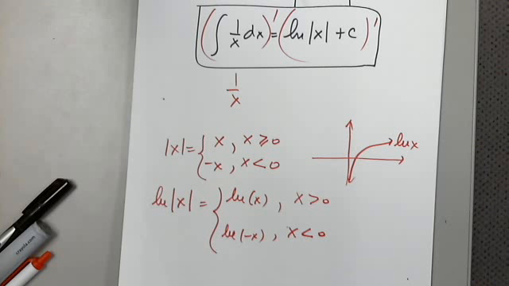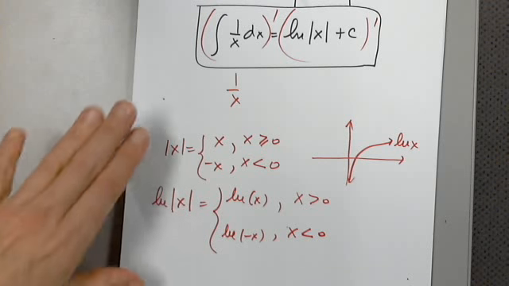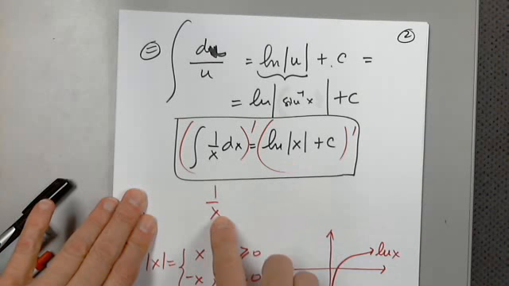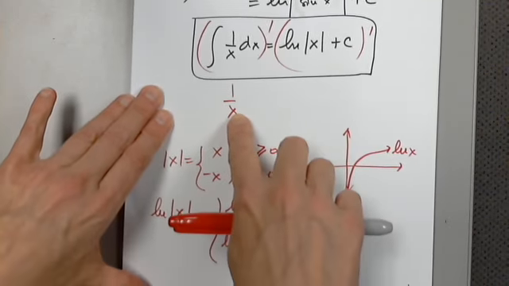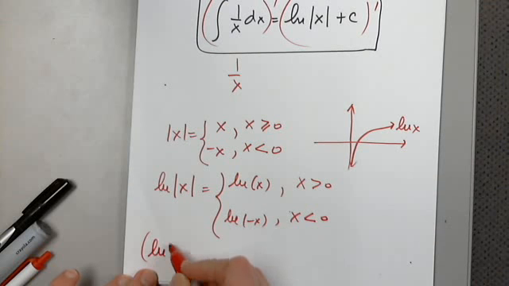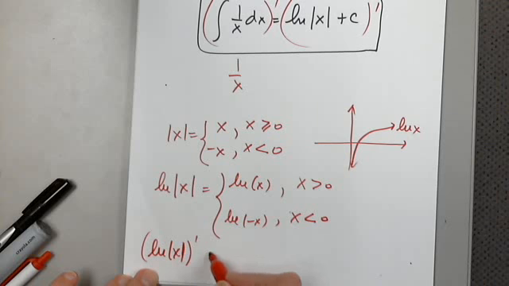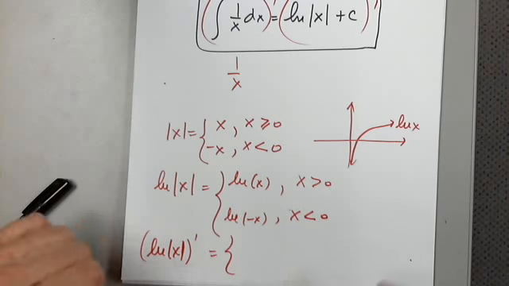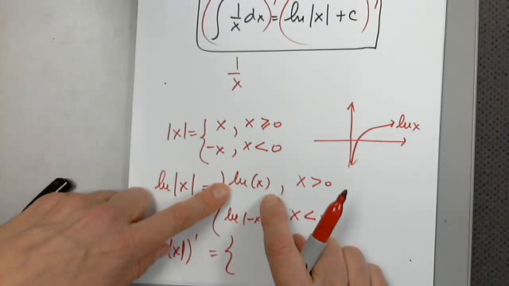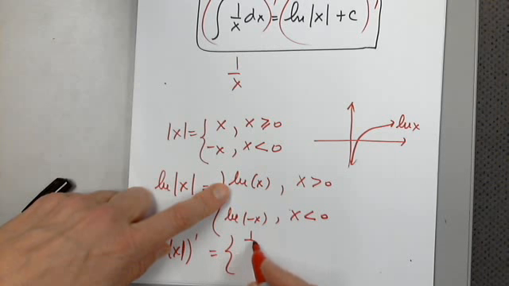Still, I haven't shown you anything else yet. I have still not proven that when I differentiate the natural log of the absolute value, I get 1 over x. Now I'm going to do that. So I'm going to differentiate this. When I differentiate natural log of the absolute value of x, what do I get? Perfect.